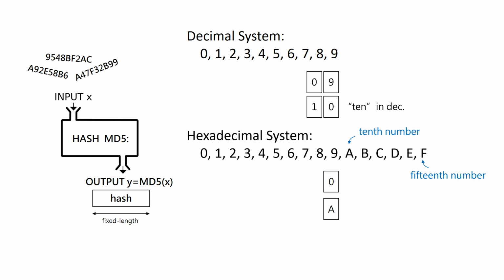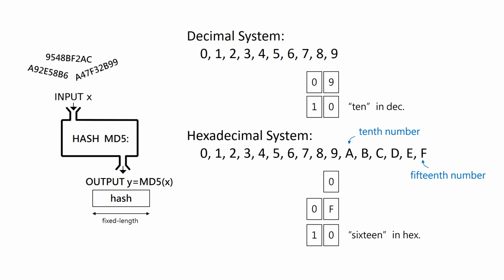B is 11, C is 12, D is 13, E is 14, and F is 15. When it comes to 16, you have already used all of the numbers in the hexadecimal system, so now you need one more digit, and 10 now represents 16 in the hexadecimal system.